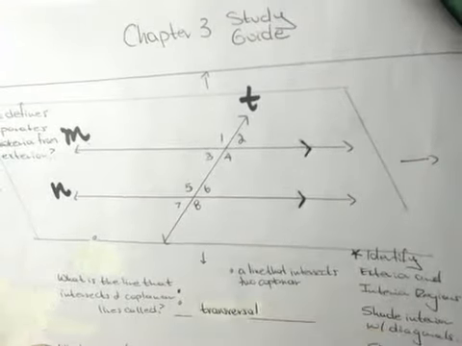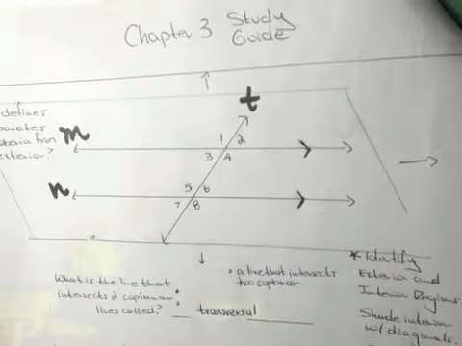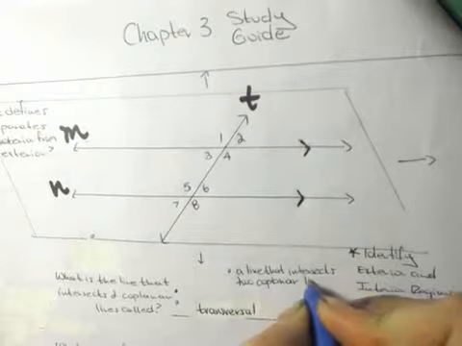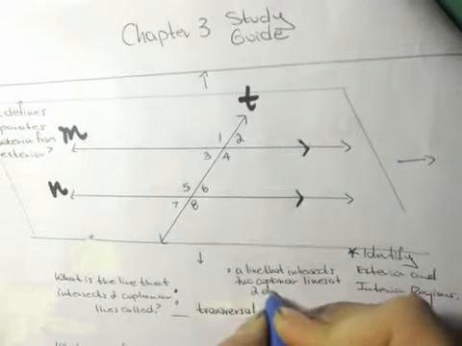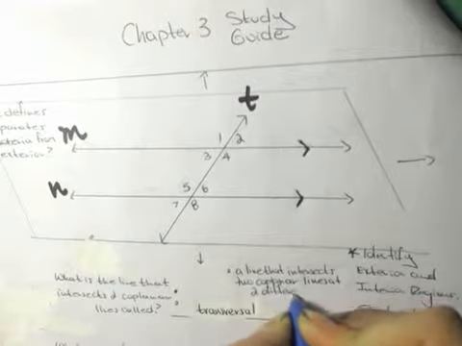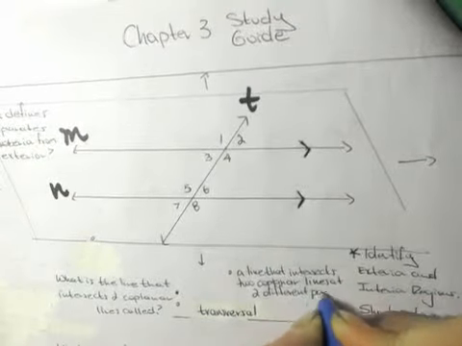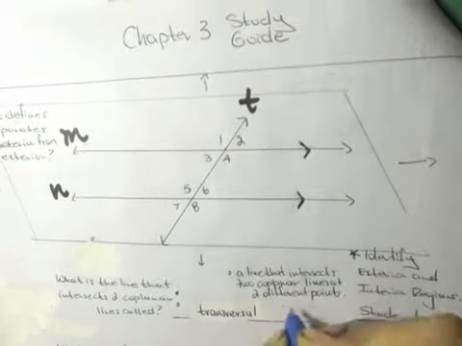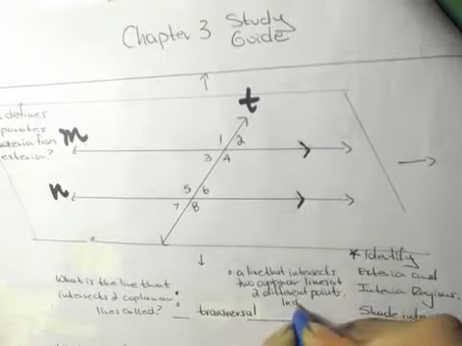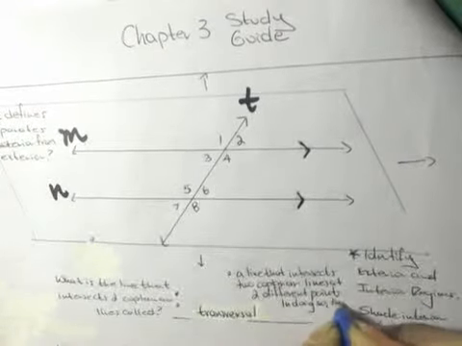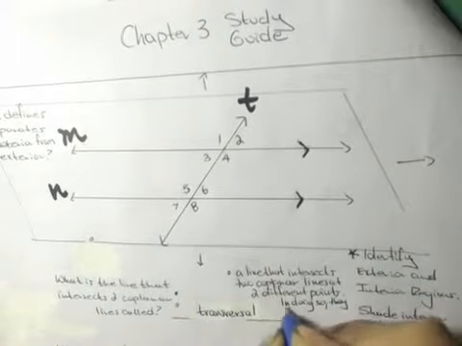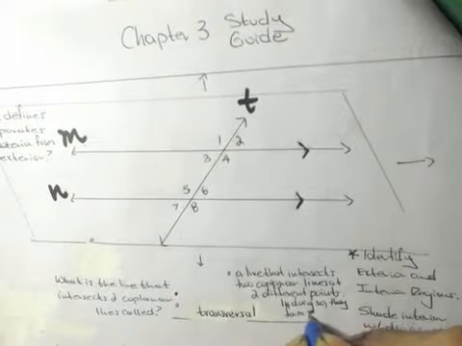In your textbook, they define the transversal as a line that intersects two coplanar lines at two different points. In doing so, they form 8 angles.